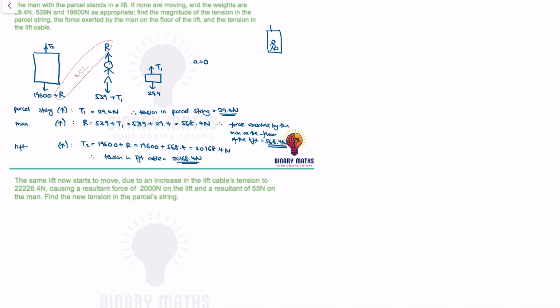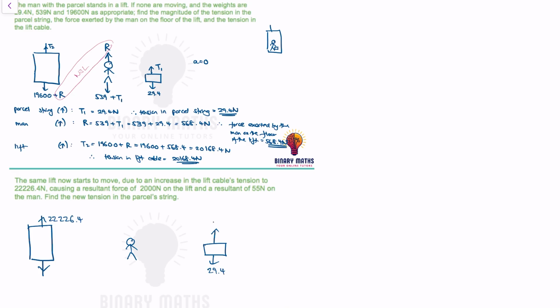So that means now we've got the lift. We know the tension now, which is 22,226.4 newtons pulling up. So we've got the man and we've got the parcel. What we do know is the parcel still has weight, obviously 29.4. We still have tension pulling it up, but it's going to be a new tension because everything else has changed.